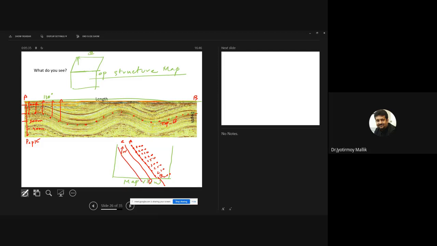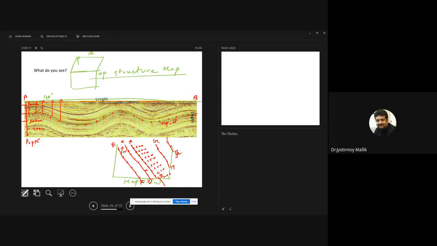Then I have another 2D line, EF, GH, IJ. Generally, they could be equally spaced, but they might not be equally spaced. And then at each point, I have different depth values for this top B reflector at each of these 2D lines.